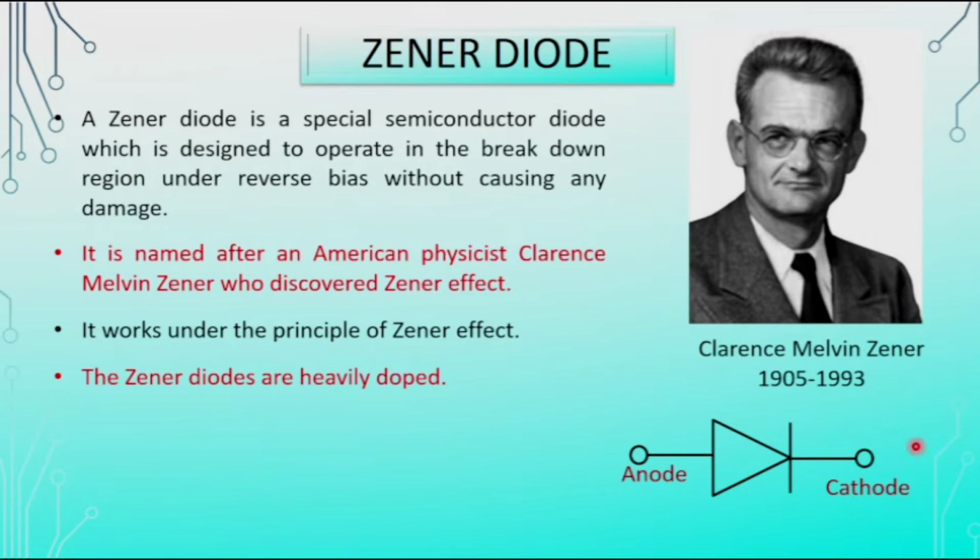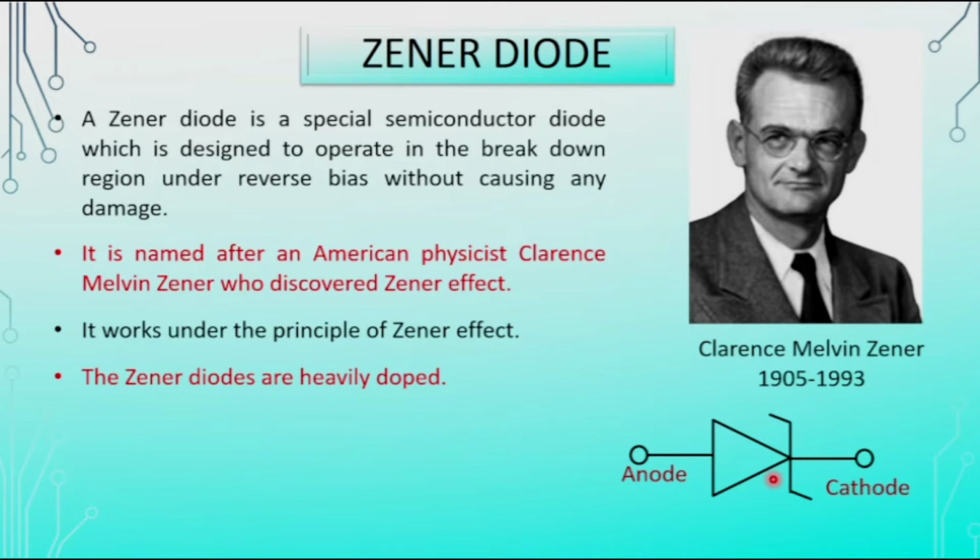Can you recall this symbol over here? Yes, this is nothing but the PN junction diode. This is the P side and this represents the N side. This is the anode and this is the cathode. The symbolic representation for the Zener diode is almost the same as this. The only difference is that you have to put two lines over here. After putting these lines, this shape looks like the English alphabet Z, and this diode is our Zener diode.